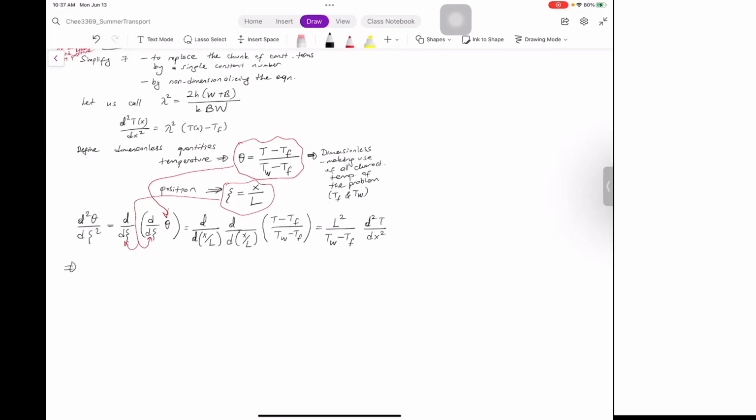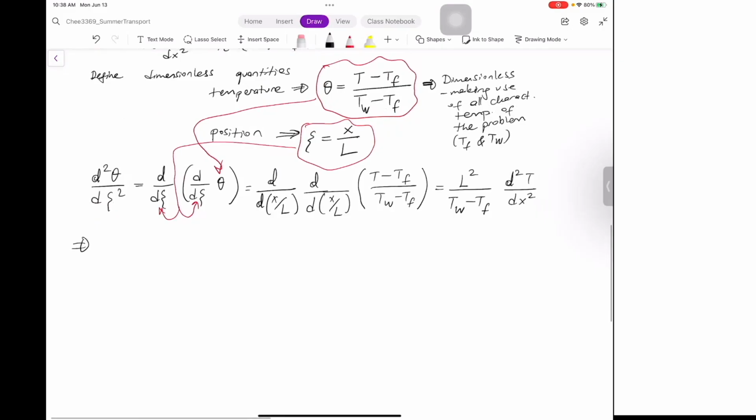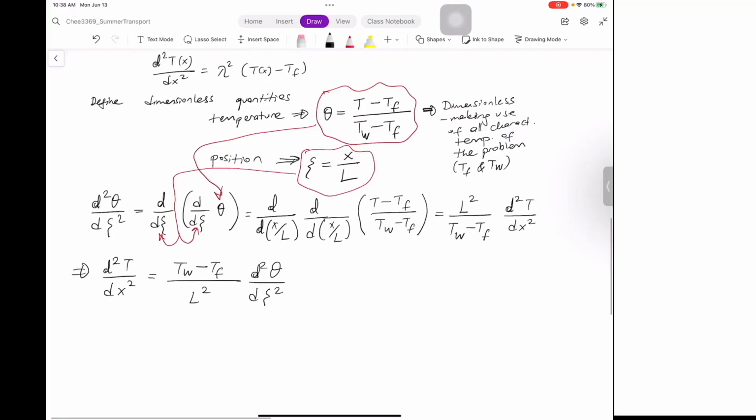Thus, d squared T over dx squared can be replaced by TW minus TF divided by L squared d squared theta over d psi squared.